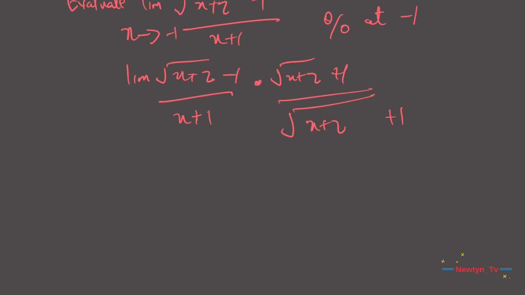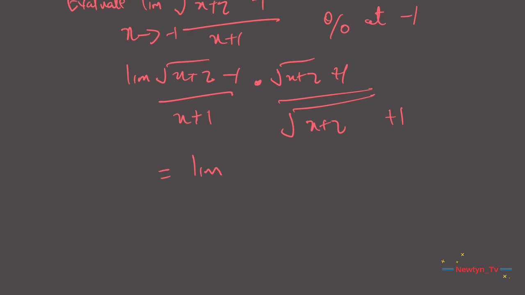Now when we multiply out the numerator, we don't multiply out the denominator, because we are hoping that the x plus 1 in the denominator cancels out at the end. So we are just going to multiply the numerator part.